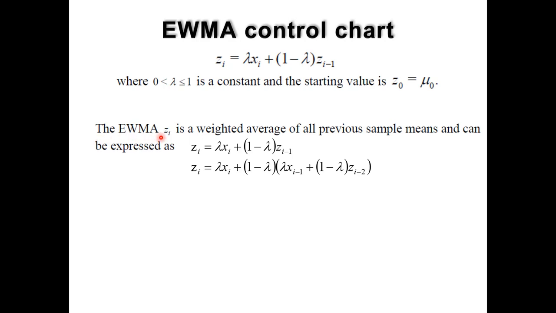Now, the EWMA Z i is actually a weighted average of all previous sample means and can be expressed in terms of this formula, as we have mentioned just now.